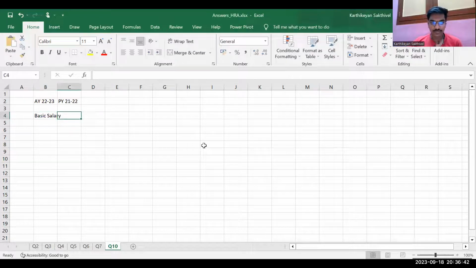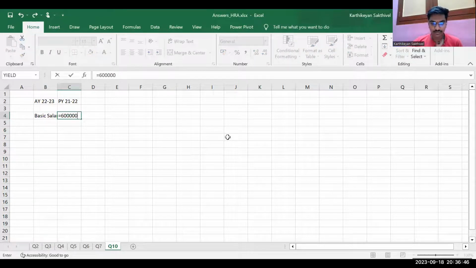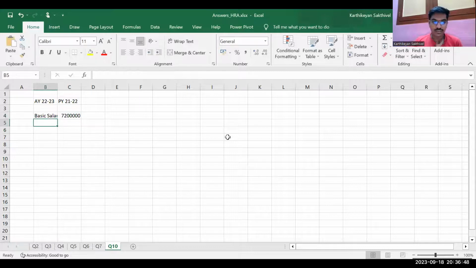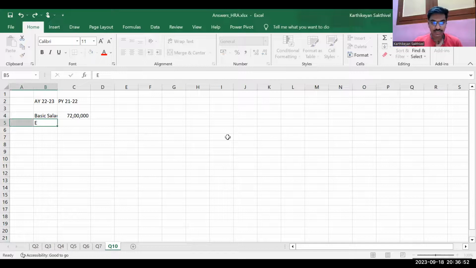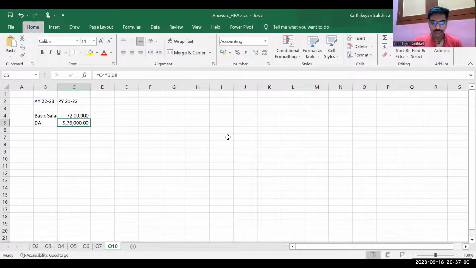Basic salary, that is 6 lakhs per month, actual is going to be 72 lakhs. Then my DA allowance is 8% on this, which is going to be 5.76 lakhs.